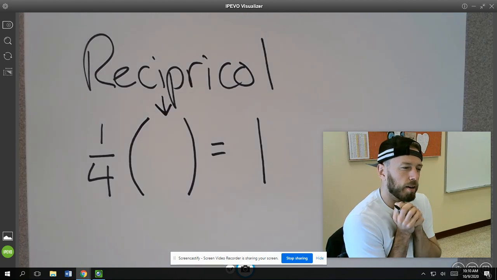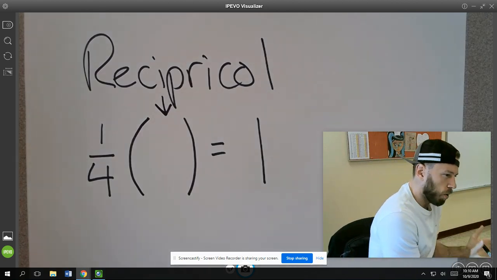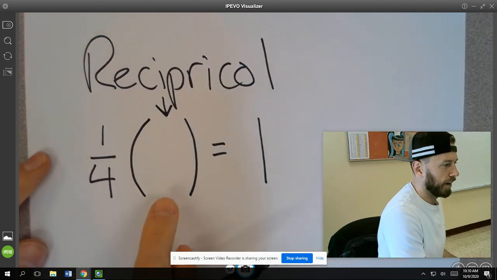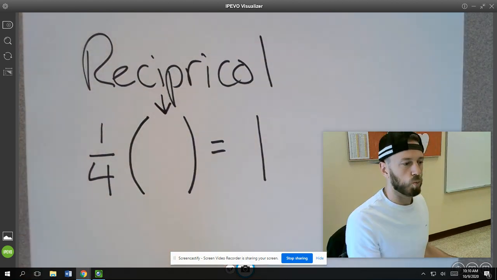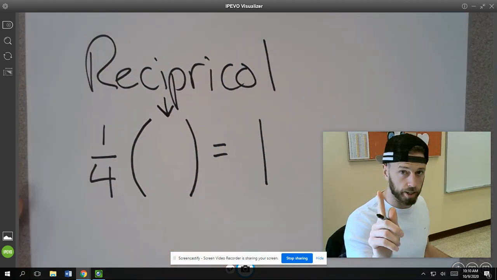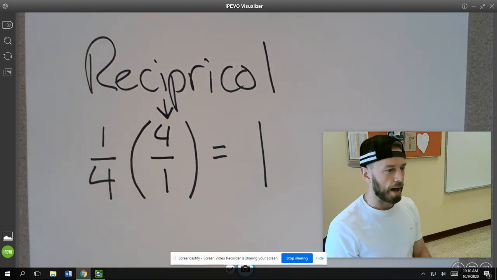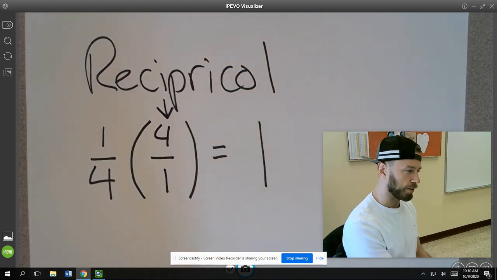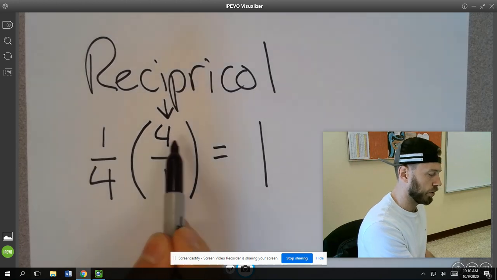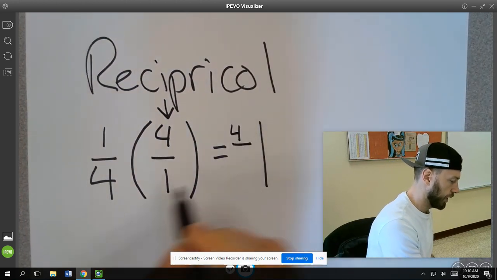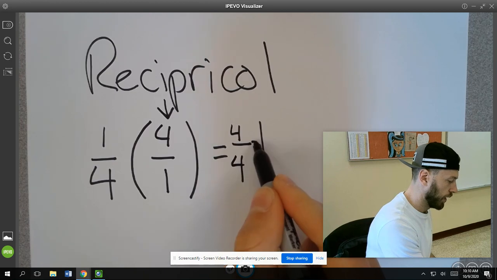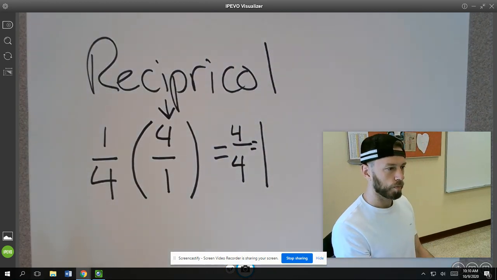What can you multiply 1/4 by that will give us 1 whole? The answer is 4 over 1. Because if you multiply 1 times 4, you get 4, and 4 times 1, you get 4, and 4 over 4 is 1 whole.